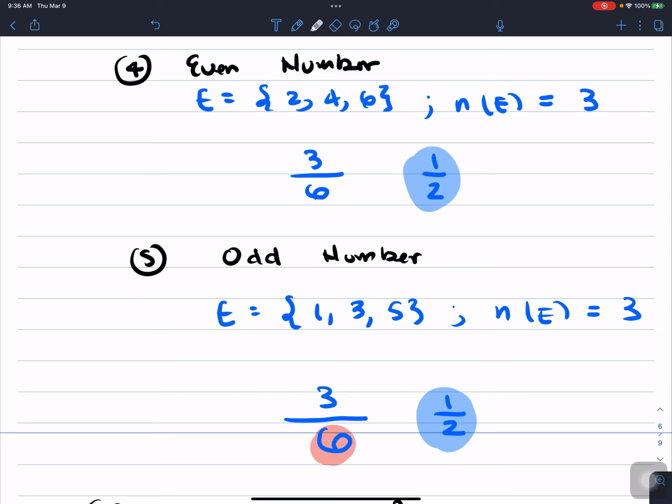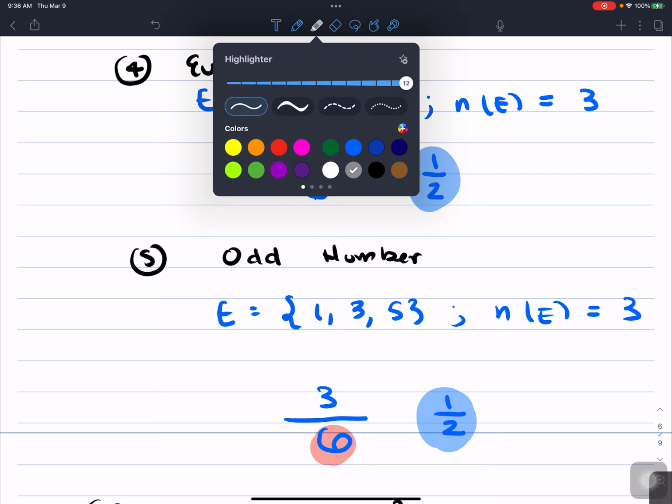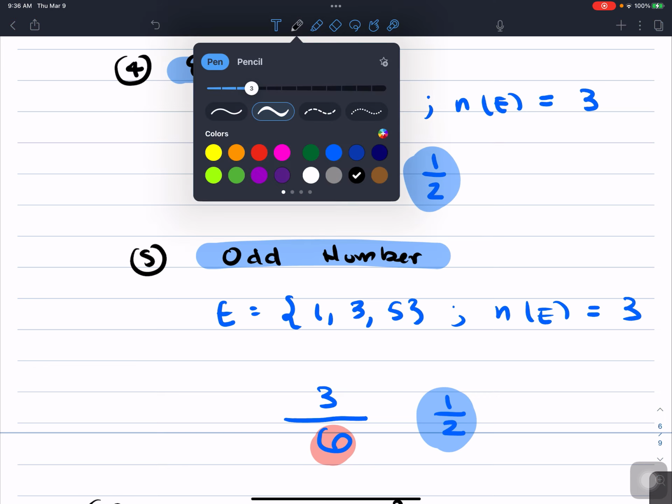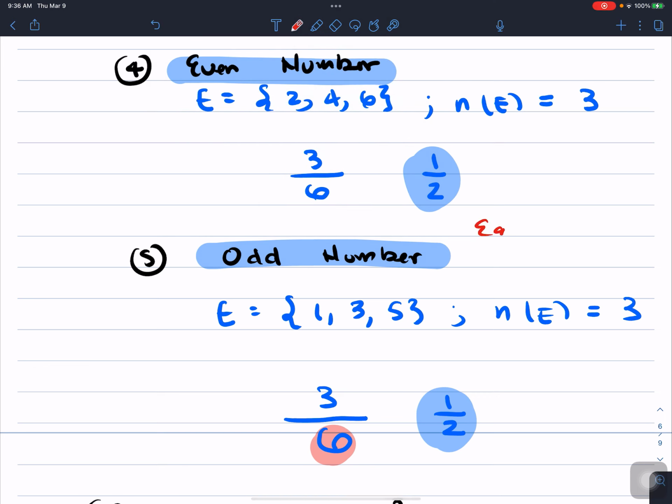Rolling an even number has the same probability as rolling an odd number. Is that true? How do you know? They're both 1/2. These two are said to be equally likely. Yes.